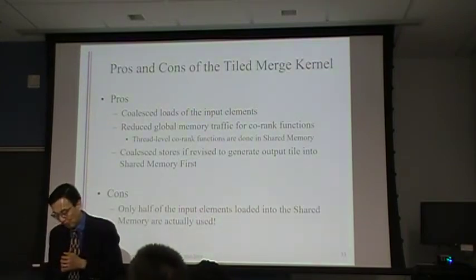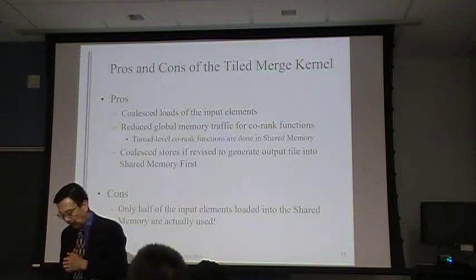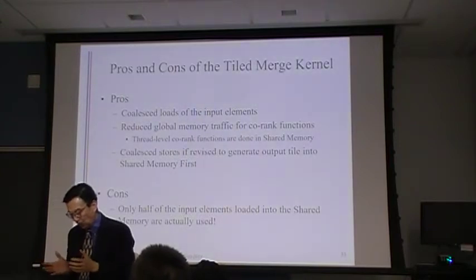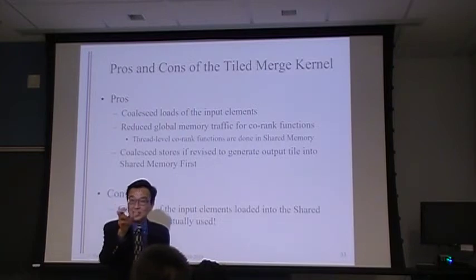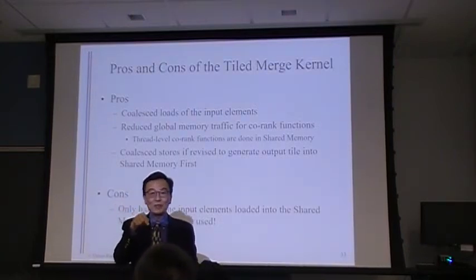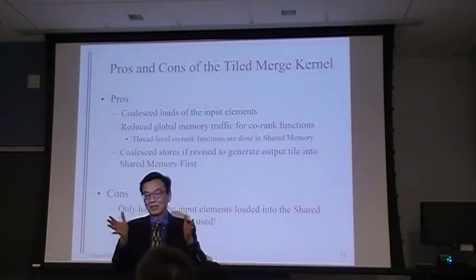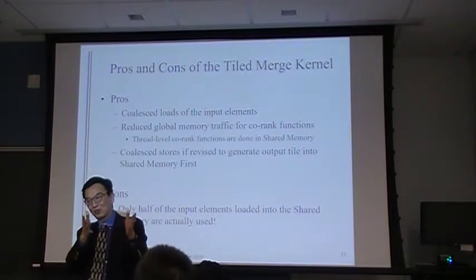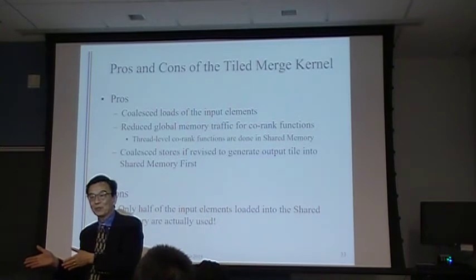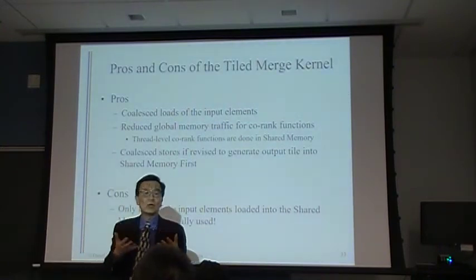And then we have coalesced stores if revised to generate the output tile into the shared memory first. So when we fill the C, we actually write into the shared memory, right? And then all the threads can eventually collaborate to write from the shared memory into C in the global memory. So all those accesses will now be coalesced.